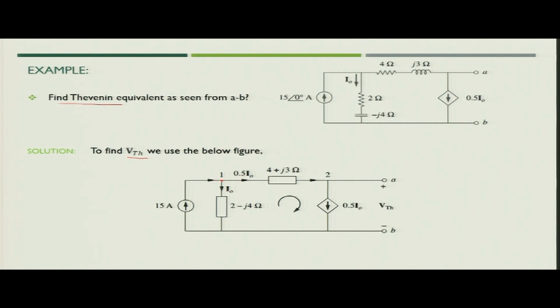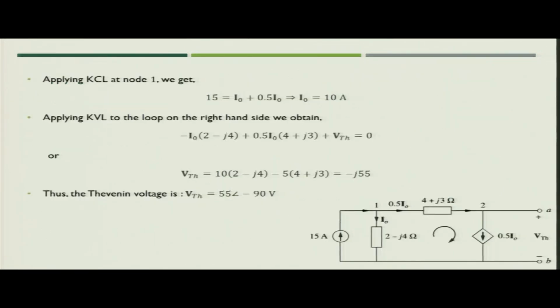If you apply KCL at this node, you can write 15 is equal to I naught plus 0.5 I naught. So, you get the value of I naught as 10 ampere.